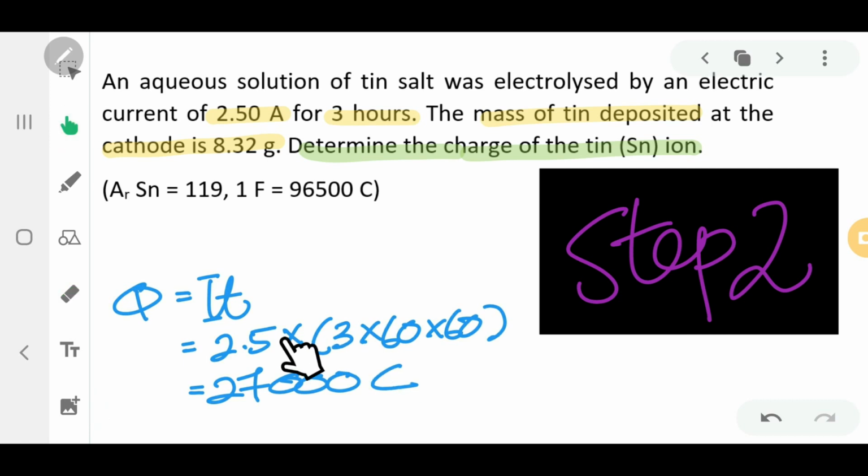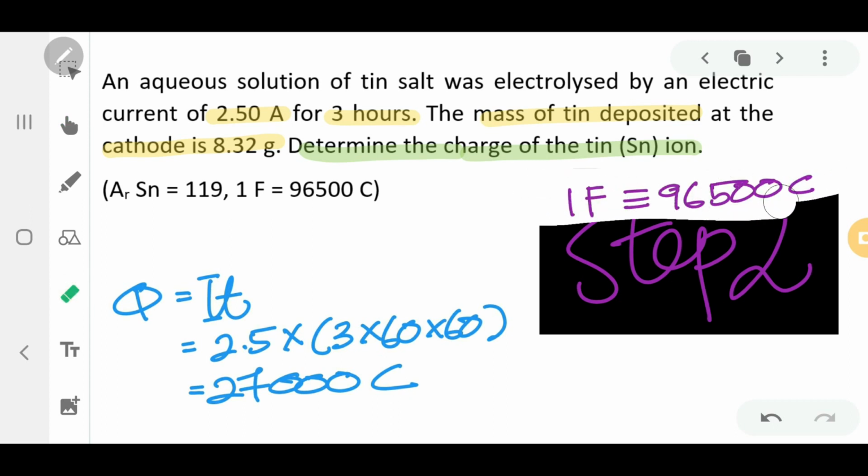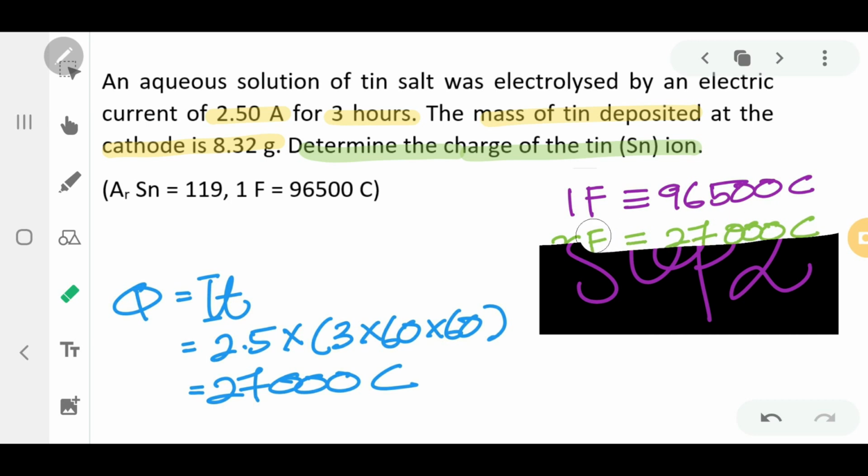So this is the coulomb that we have flowing through in this cell. Q equals to IT. You have 2.5 times 3 times 60 times 60. You get 27,000 coulomb.